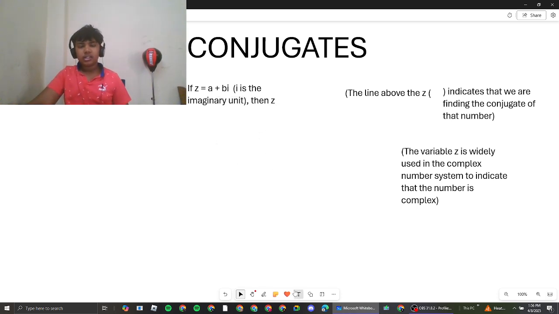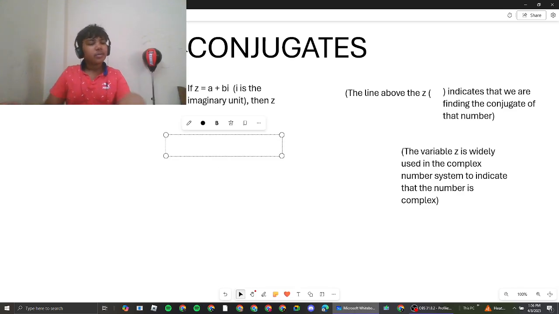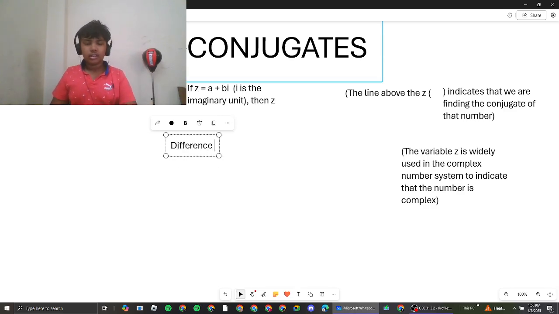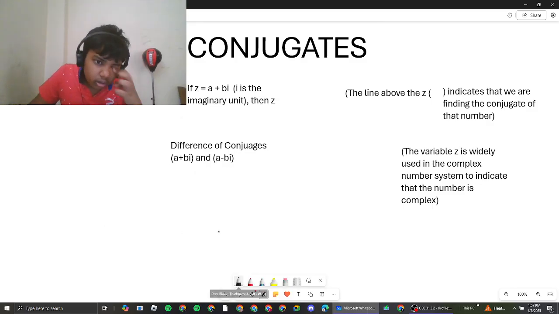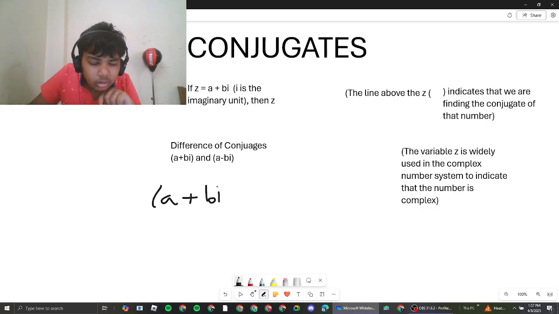Oh yeah, one more thing. If you have the difference of conjugates a plus bi and a minus bi, let's find it out. a plus bi minus a minus bi.